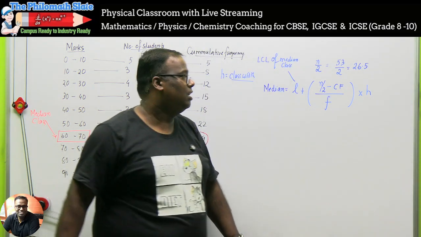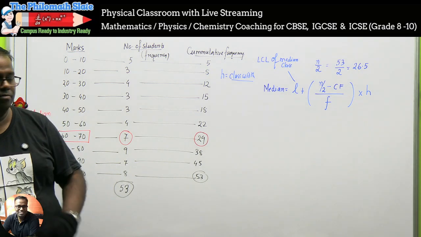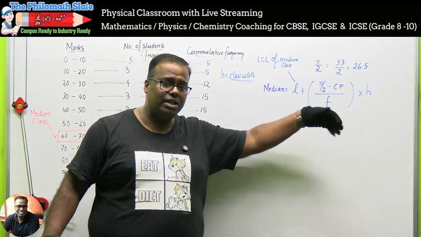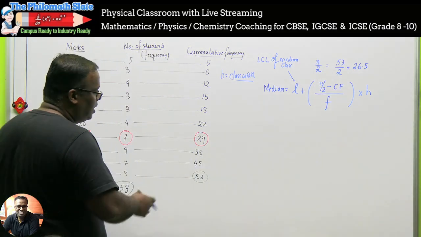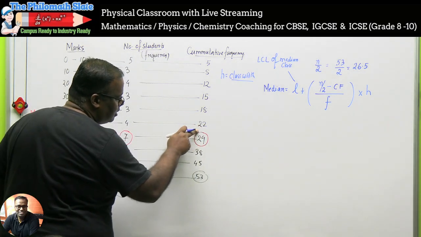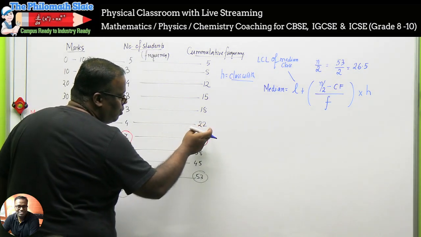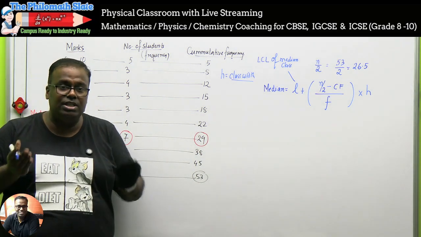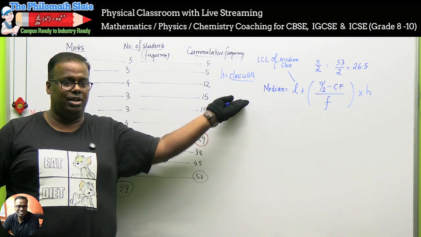Yes, F. अब समझने की कोशिश करते हैं. From n by 2, you are taking away CF. N by 2 is lying somewhere here. CF is always the cumulative frequency of the preceding class. इतना चला जाएगा.